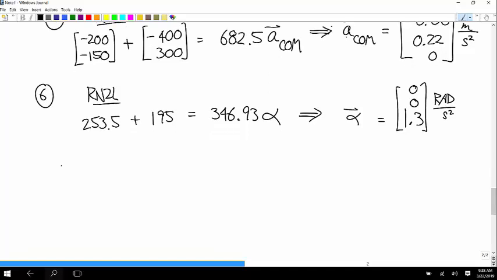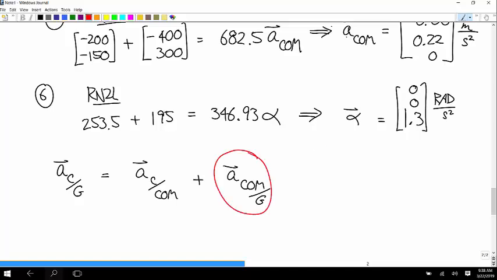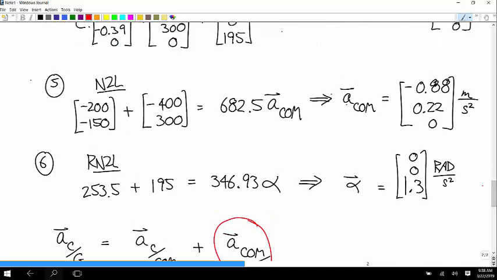Okay, so now we have to go back to the relative motion equation. The acceleration of the point C is what we're trying to find. So the acceleration of C relative to the ground is equal to the acceleration of C relative to the center of mass plus the acceleration of the center of mass relative to the ground. This one is what we calculated from Newton's second law.